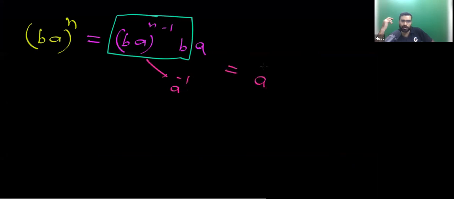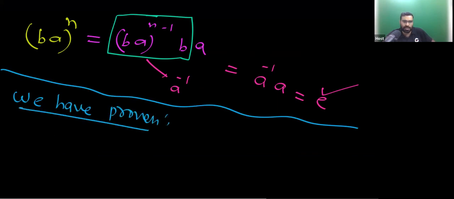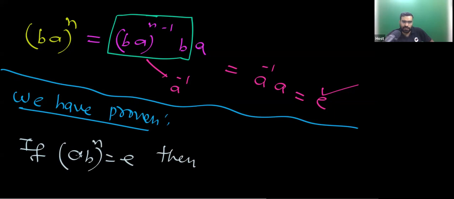So ultimately what I got is A inverse A, that is equal to the identity element. So what have we proven? We have proven that if (AB) power n is the identity element, then definitely (BA) power n will also be the identity element.